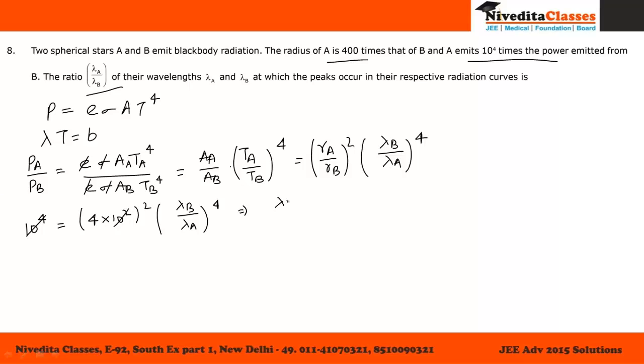So we will have lambda_B divided by lambda_A raised to power 4 equal to 1 by 16, and taking roots on both sides, we have lambda_B divided by lambda_A equal to 1 by 2. But in the question we are asked lambda_A divided by lambda_B, so taking the reciprocal we will have 2, which will be our answer to the problem.